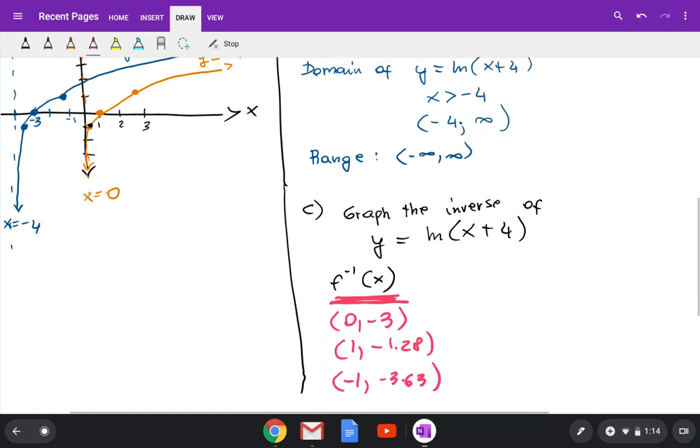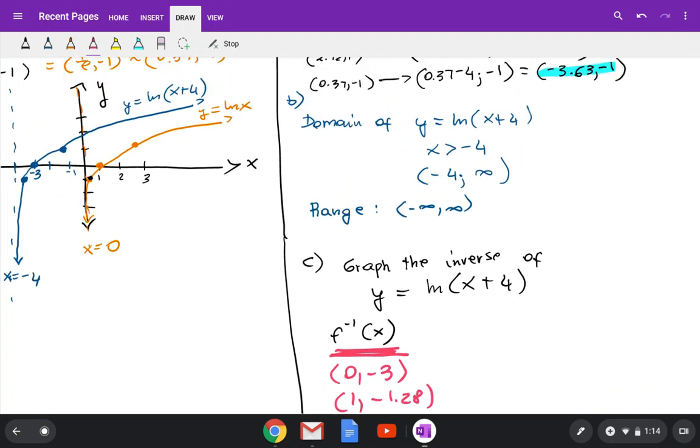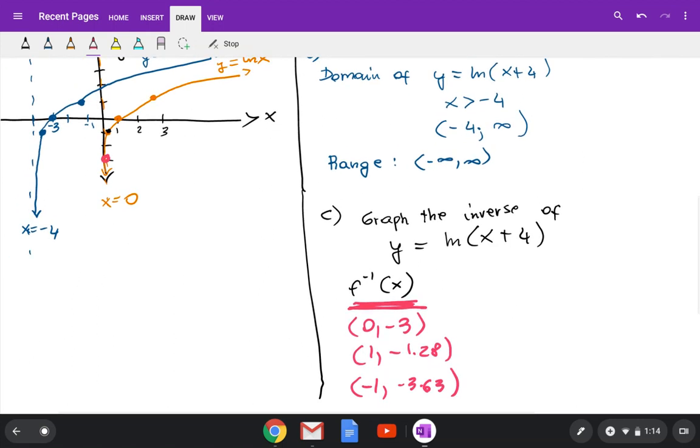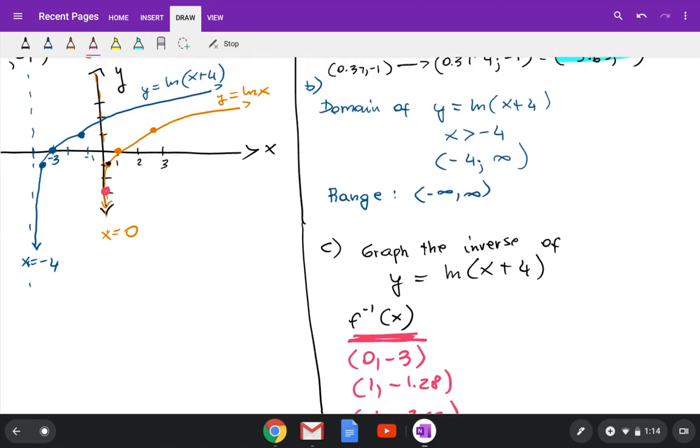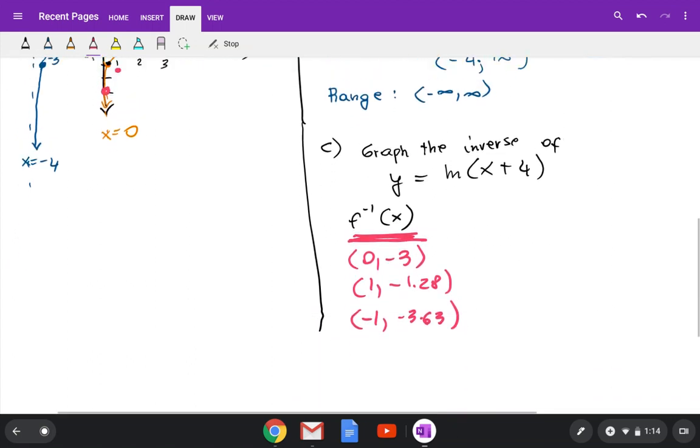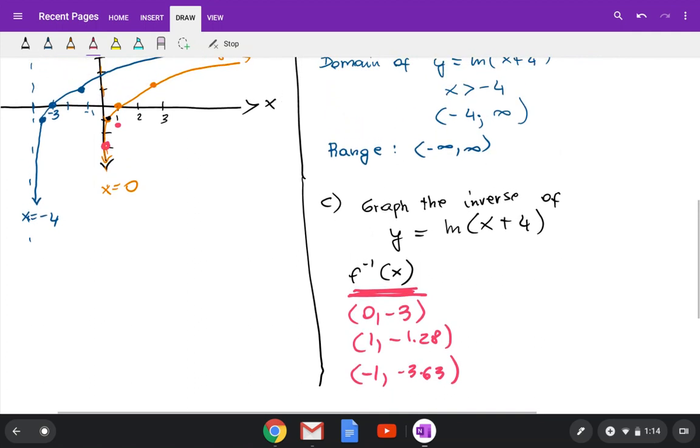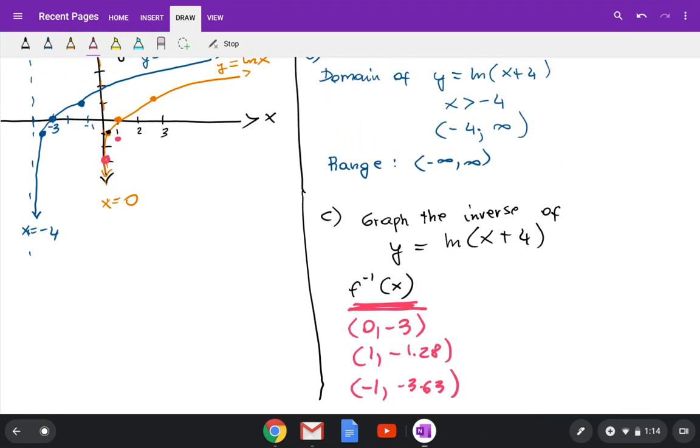Okay, so (0, -3) is right here. Then we have (1, -1.28) somewhere here. And then we have (-1, -3.63) somewhere here.